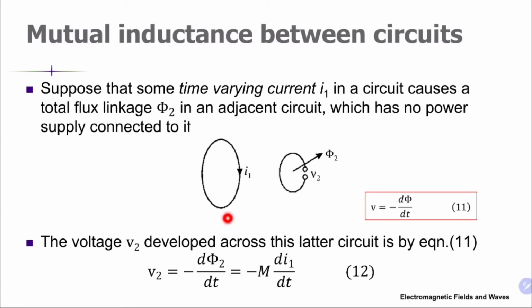So if I have a current that is changing in circuit 1, that will give rise to flux changes in circuit 2. And because that flux changes with time, we have a voltage developed across circuit 2. And between these two circuits, there is a mutual inductance M. So the voltage V2 will be equal to minus M di1 by dt.